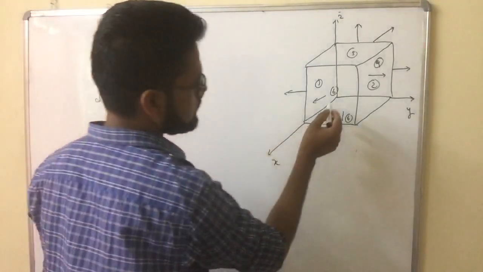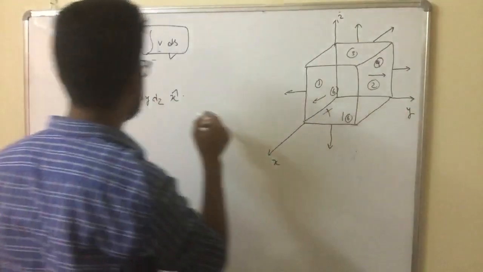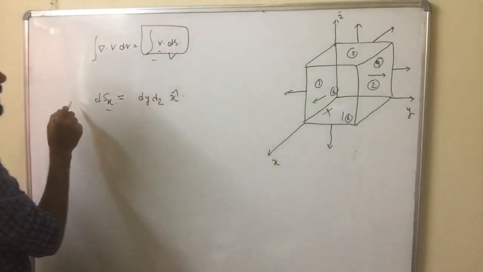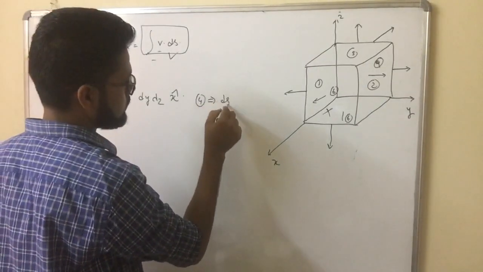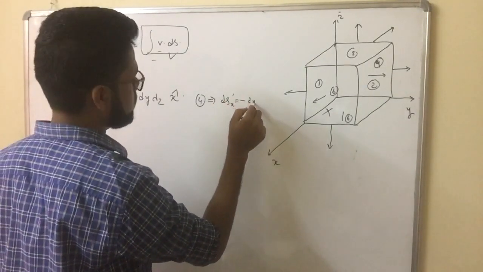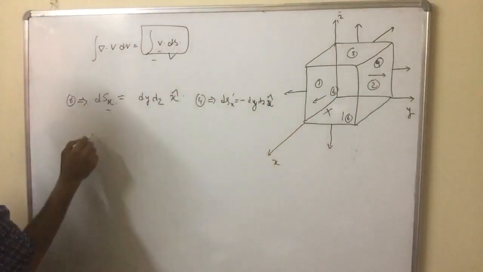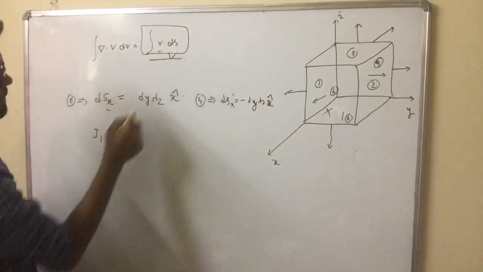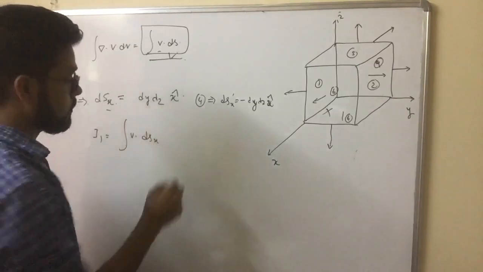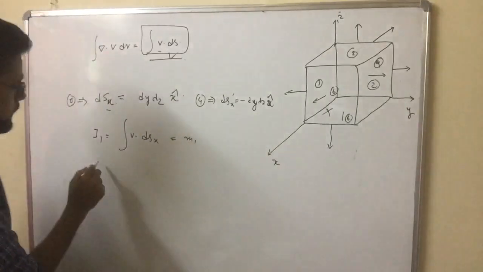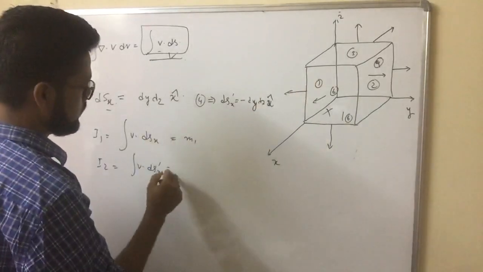Similarly, this is the surface area of this part, the 6th part, and the surface area of the 4th part. The 4th part is on this side, opposite to the 6th, then ds x prime equals minus dy dz x cap. Then for the integral, first find v dot ds x, and calculate the value, suppose m1. Similarly, for the opposite face, v dot ds x prime, you will get m2.